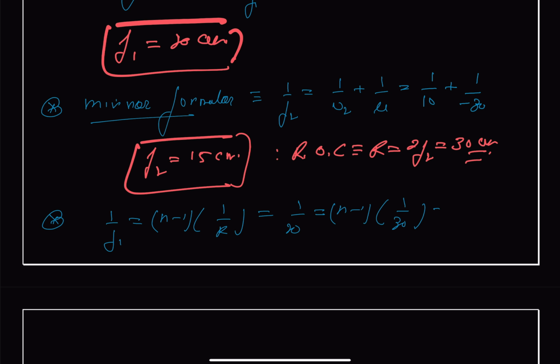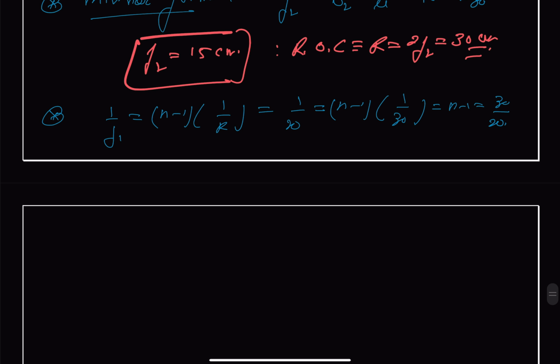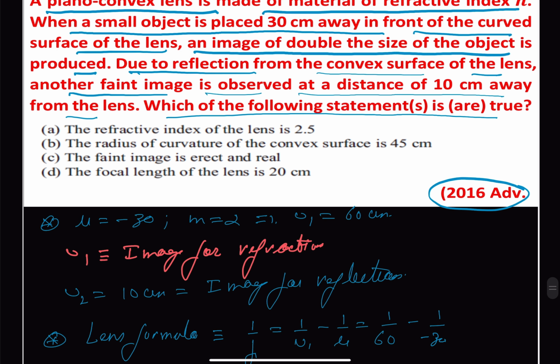This comes as n minus 1 is equal to 30 divided by 20. So the refractive index n is 3 by 2 plus 1, giving us 5 by 2, which is 2.5. So we can check the option: refractive index is 2.5, so this option is correct.